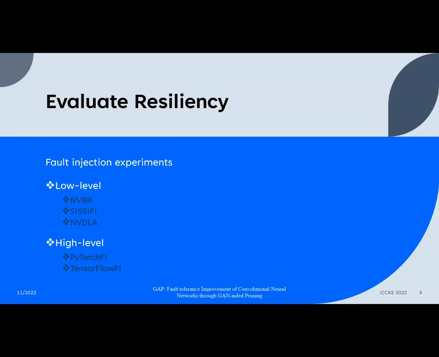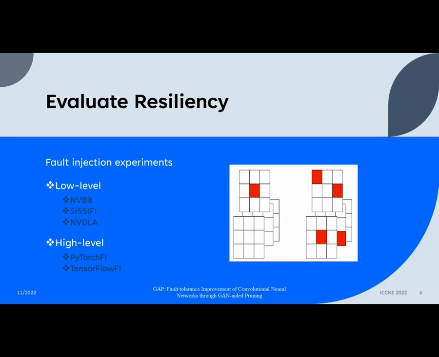Because our whole implementation is done in the PyTorch framework, we use the PyTorchFI library. On the right side of the following picture, we can see multiple fault injections into a specific kernel of a neural network, and on the left side we can see a single bit flip in just one weight of a neural network in a specific kernel.